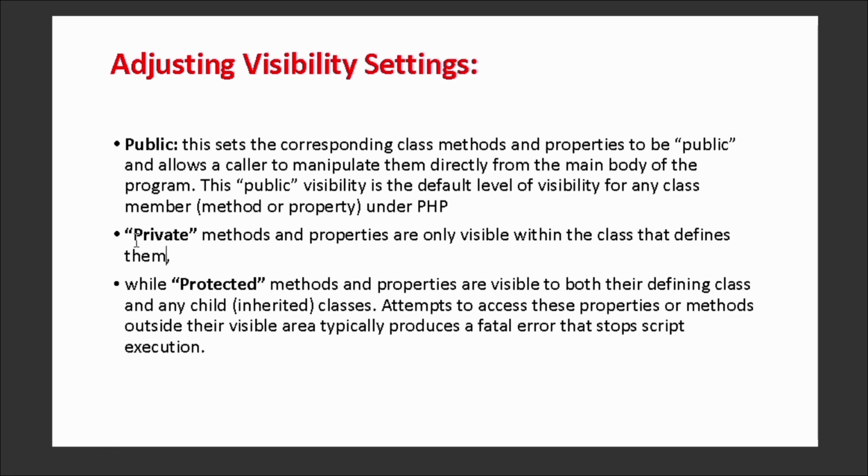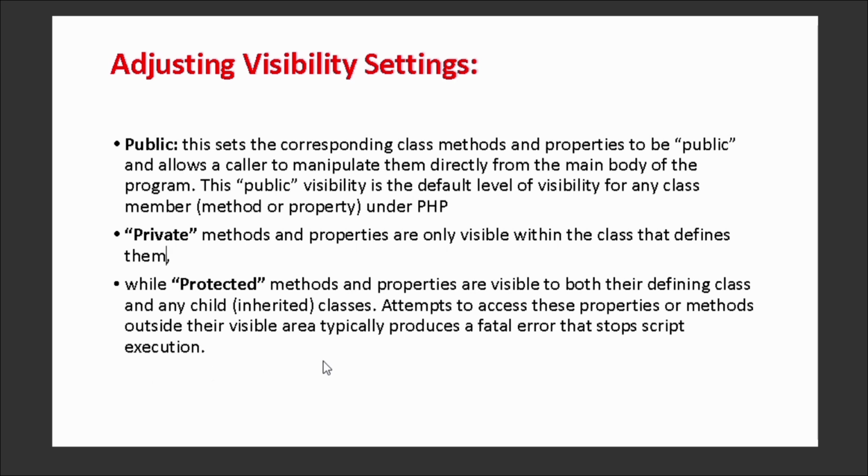Next is private. Private methods and properties are only visible within the class that defines them. Private means it is accessible only within the class. And next is protected. Protected methods and properties are visible to both their defining class and any child classes. Attempts to access these properties or methods outside their visible area typically produce a fatal error that stops script execution.